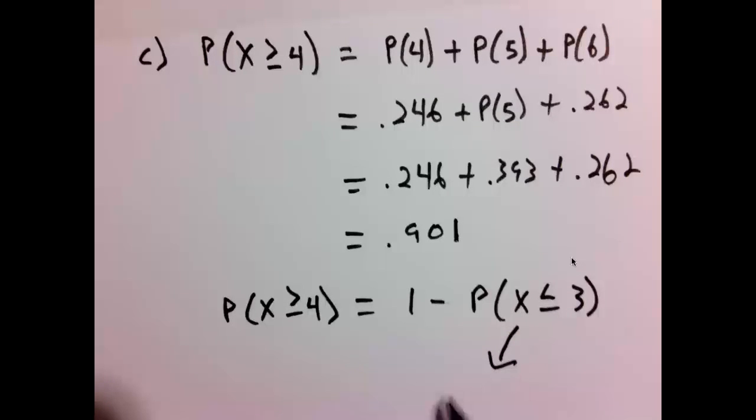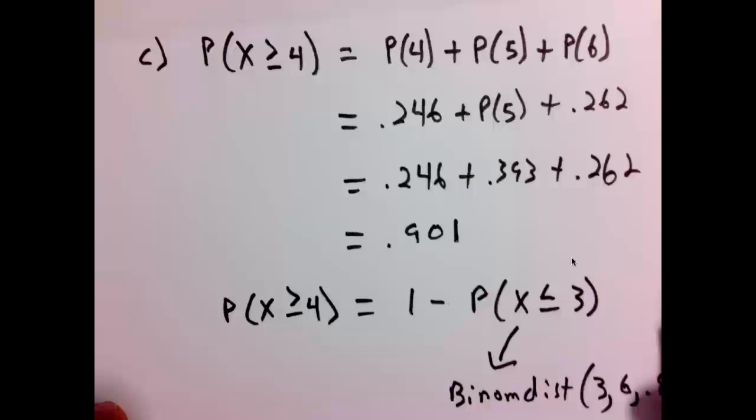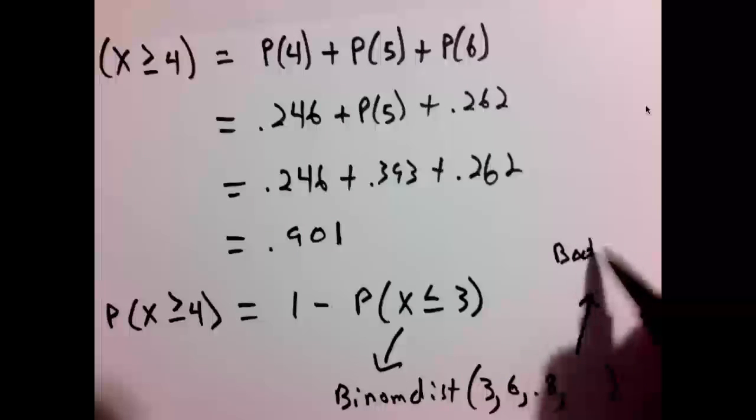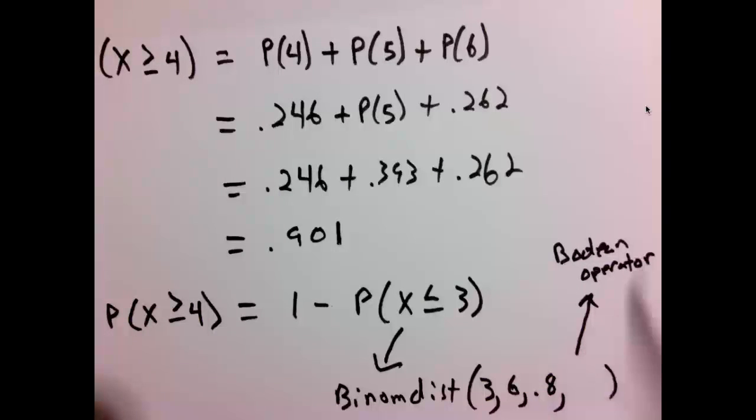Now, we're going to go back to our binomial distribution. Binomial dist, and we're going to come with our number of successes, in this case 3, still 6 total trials, still probability of success is 0.8, but this last one is a Boolean operator that's simply asking us to enter a 0 or a 1 if we want a cumulative.